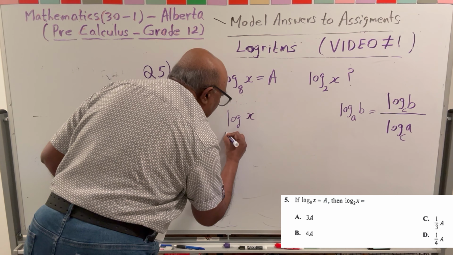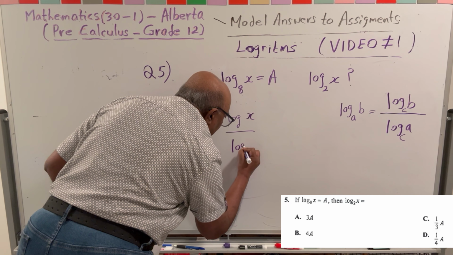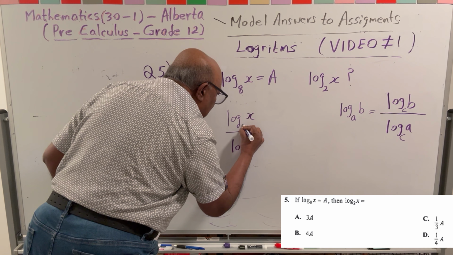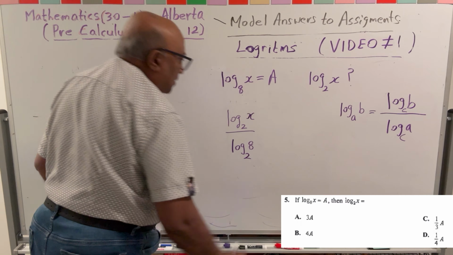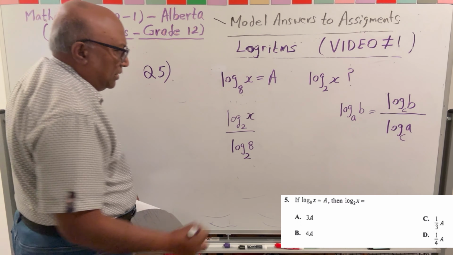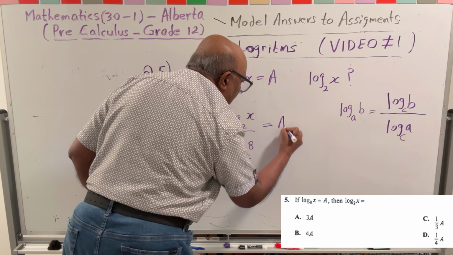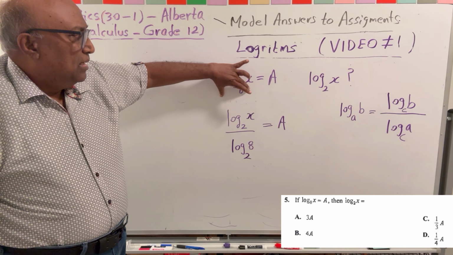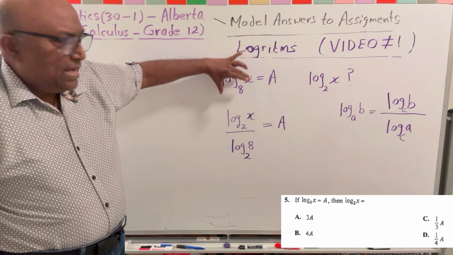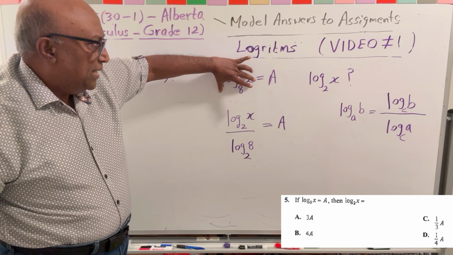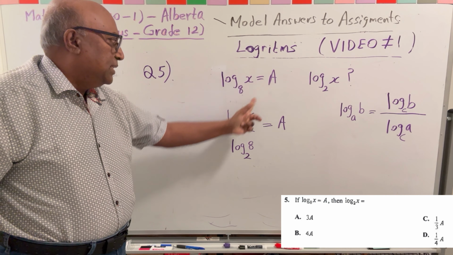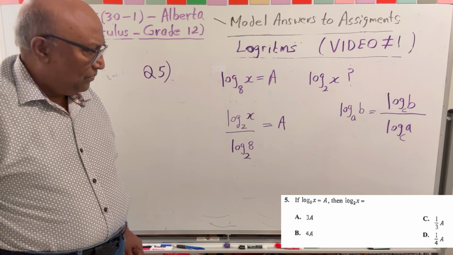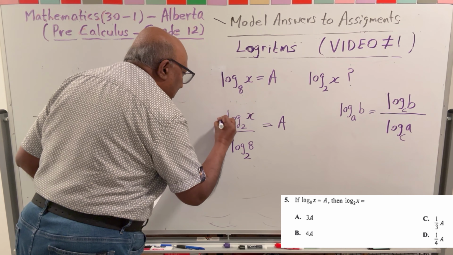Log x upon log 8, then immediately put the base 2. Okay, that is clear. Still, this is equal to a, because I did not make any changes to the left side. I have applied the correct equation for this one. I did not alter this value, because this is equal to this. Then still everything is equal to a. Now we are looking for the answer for this.